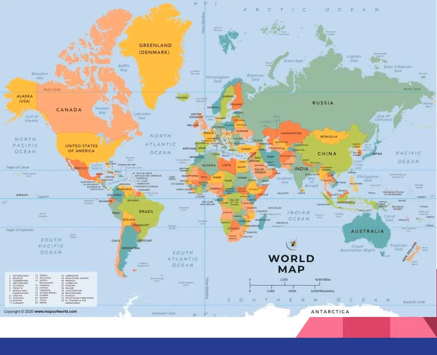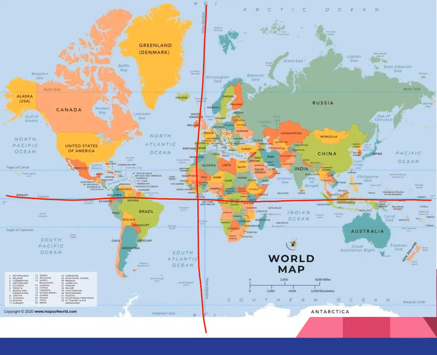Now if we draw in the two lines, the prime meridian and the equator, both zeros, we can see that we have a coordinate plane. You guys have done graphing on a coordinate plane for math before, okay? And you know that up in this quadrant, you have a positive number and another positive number.